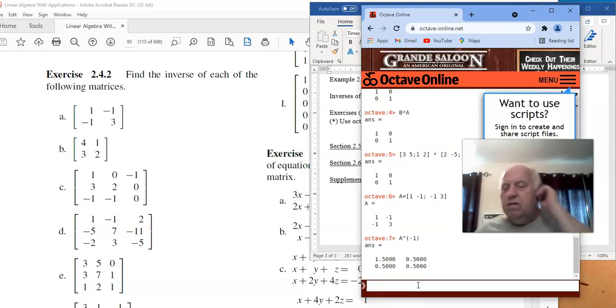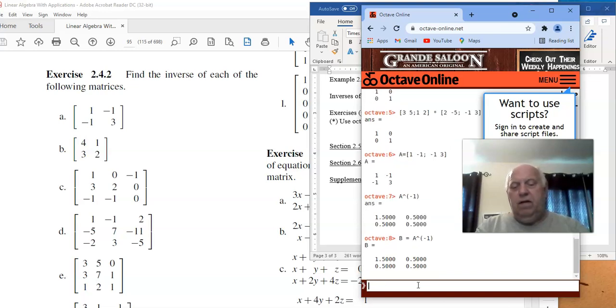And there it is. And Octave, as you know, expresses everything in decimals. So the inverse of A is 1.5, 0.5, 0.5, 0.5. And if I want to verify that, what I could have done is say B equals that, and then say, well, what's A times B? 0.